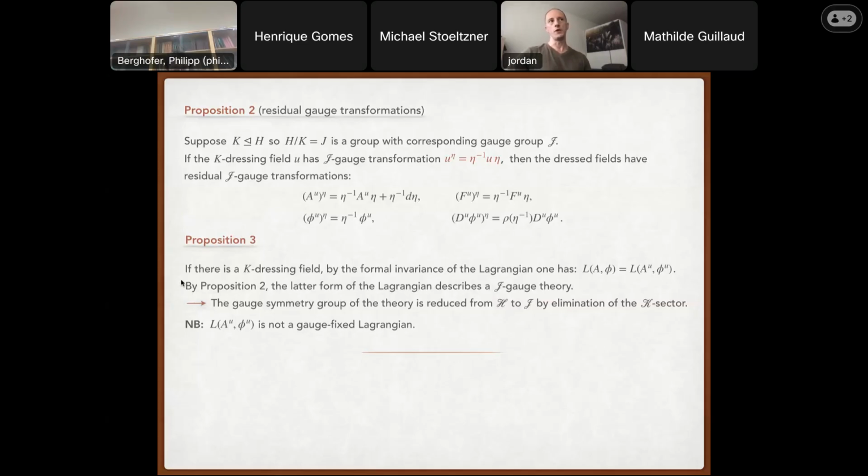But for me, mathematically, a gauge fixing is selecting a representative in the gauge orbit of the fields, right? And for example, that object, the A, the gauge potential, mathematically is a connection, right? It turns out that the dressing of a connection is no more a connection of the initial underlying principal bundle.